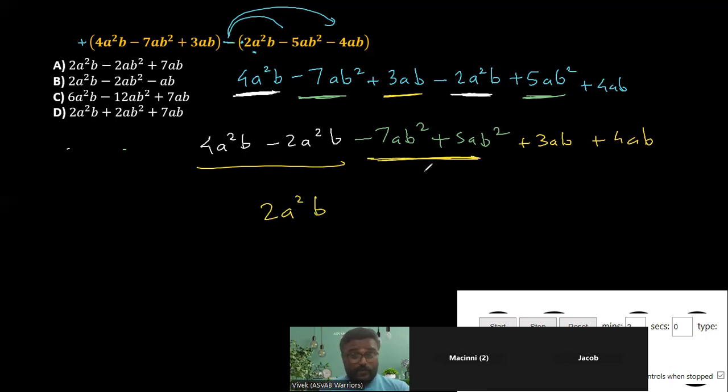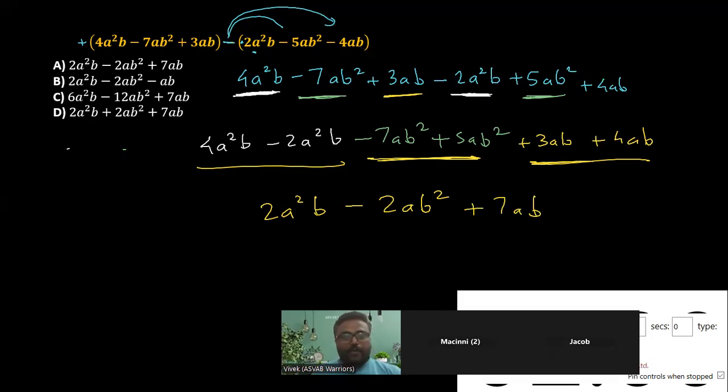Negative 7ab square plus 5ab square would be negative 2ab square, and 3ab plus 4ab would be nothing but 7ab. So we have our answer over here, which is option A.